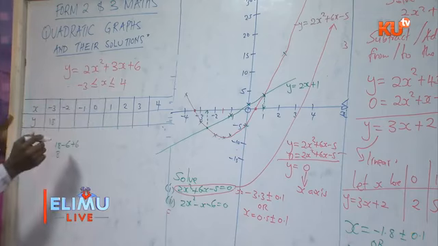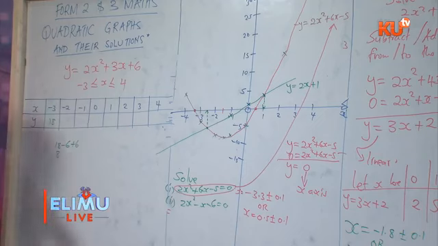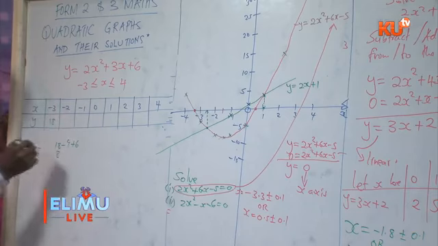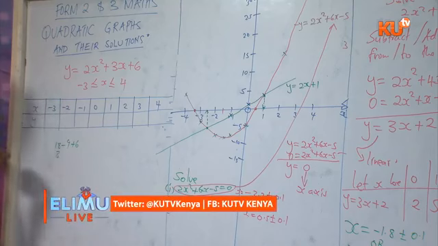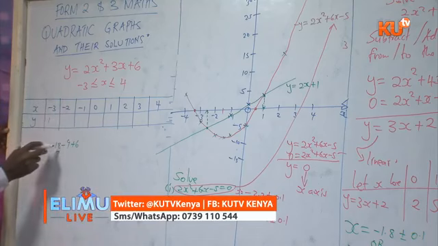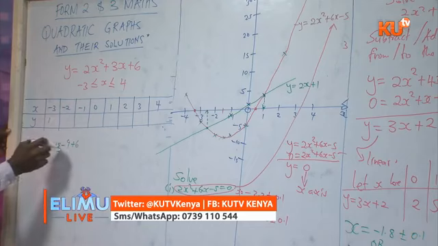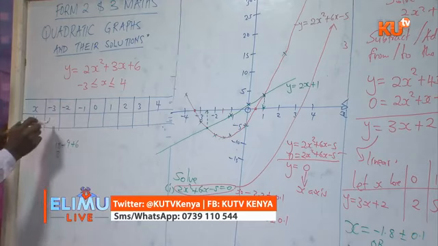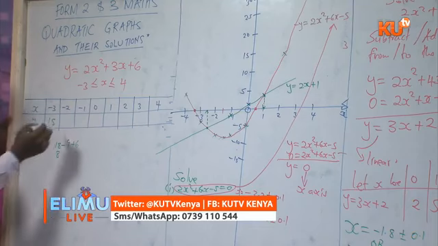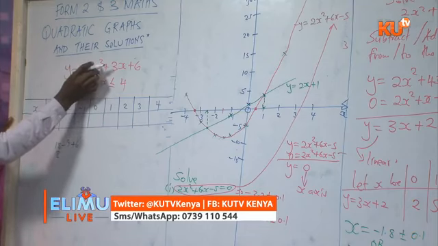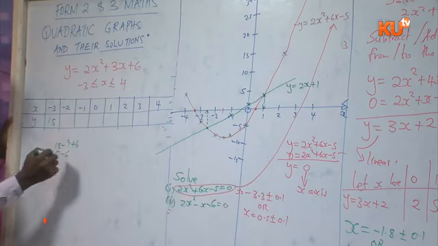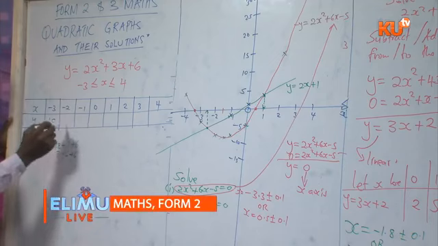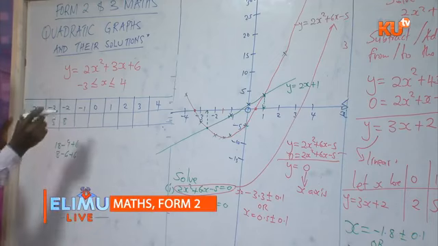Then 3 times -2 is -6, then plus 6. So this is where we now have 8.